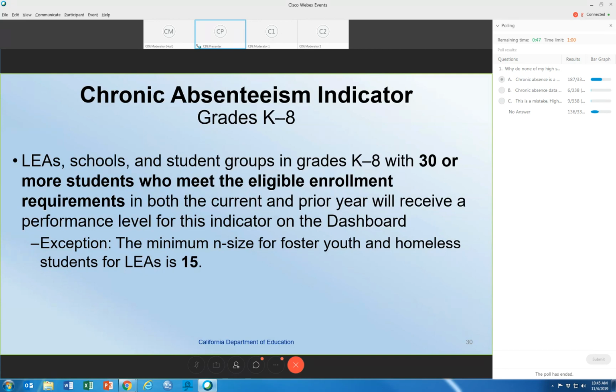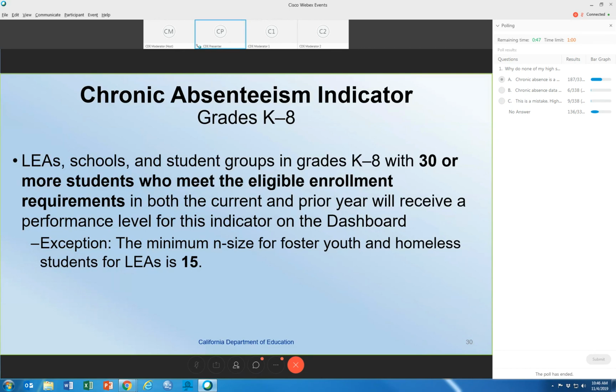So if you have a student who is in a home hospital program for half the year, for that half of the year, you would not report any attendance data for that student when you submit your data file to us. If they come off of home hospital for the second half of the year, then that's when you would start to report the attendance for that student. And I hope that clarifies any questions we have about home hospital.